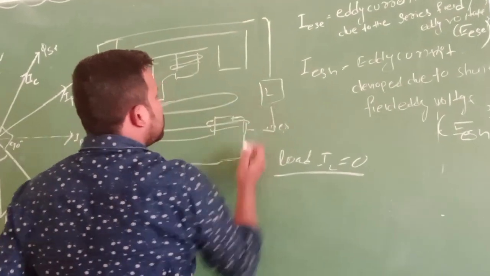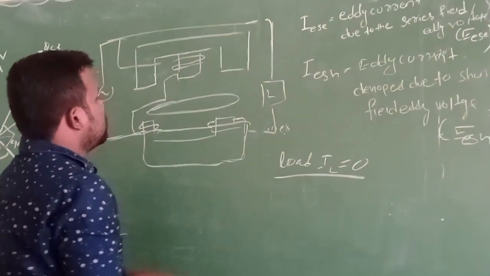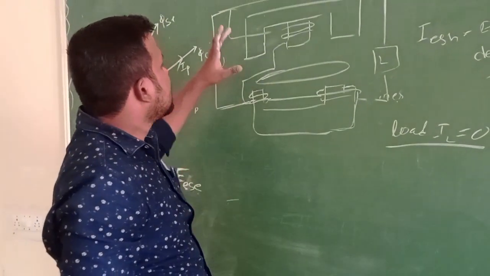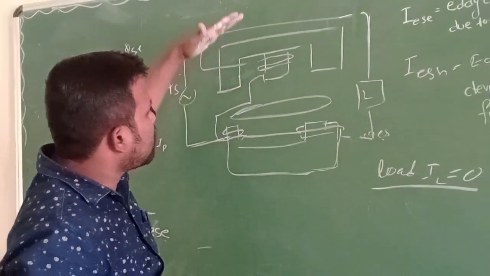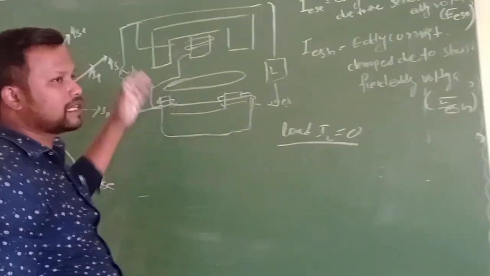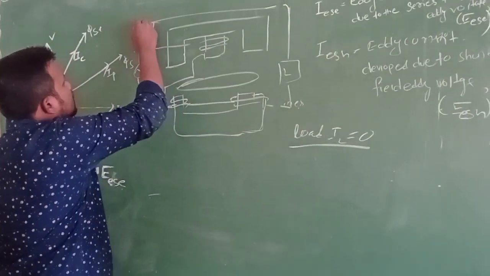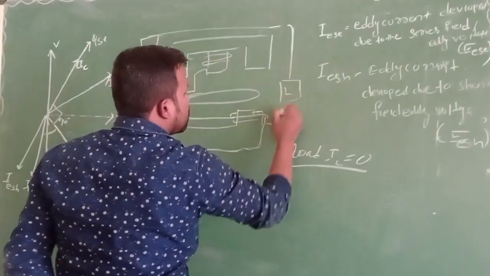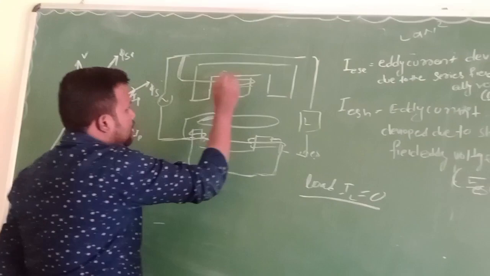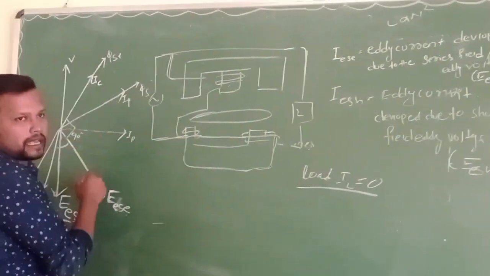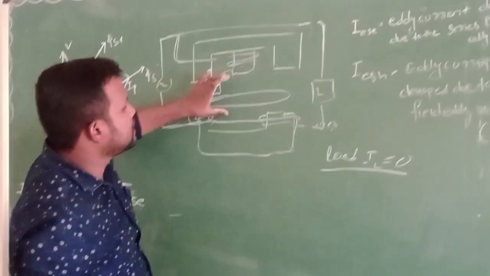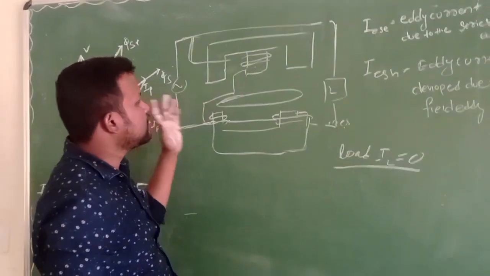So there is no current, we do not consume any power, but the disc is rotating. Why is the disc rotating? Because the shunt field flux also has an effect on the disc. If we give the supply, the load does not consume any power, but the shunt field is connected in parallel to the supply, and it also affects the disc. So the disc will rotate.